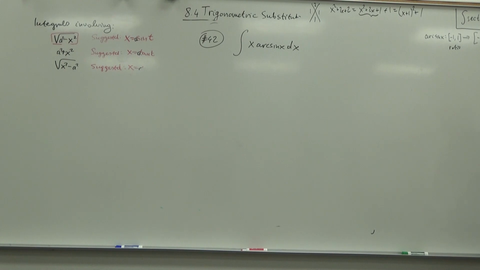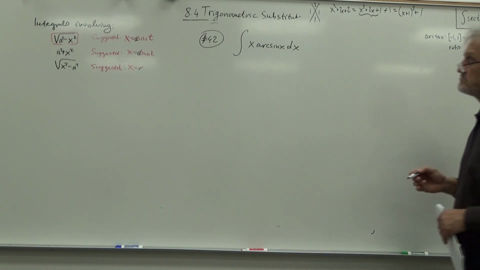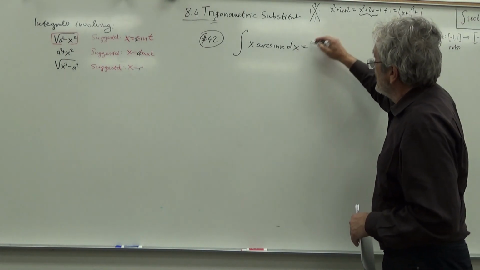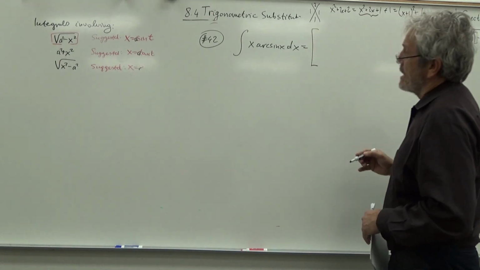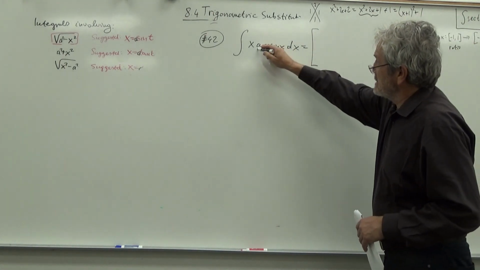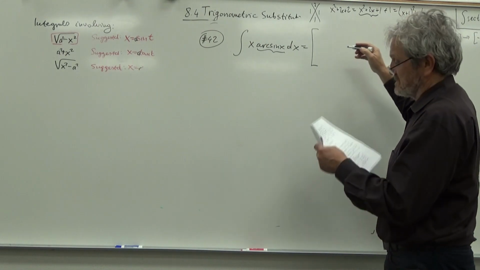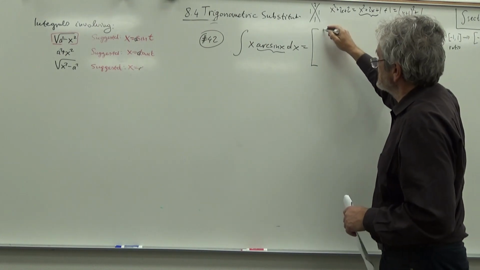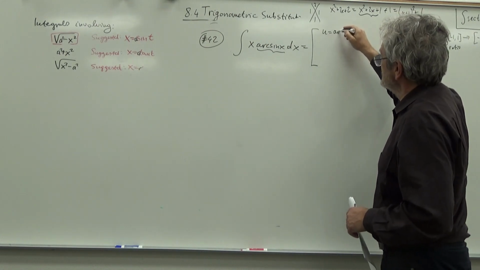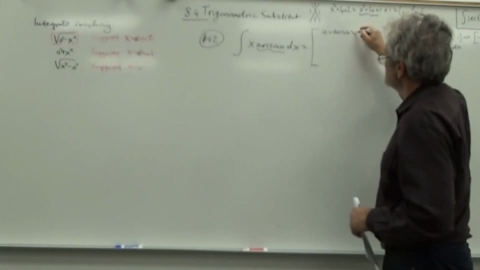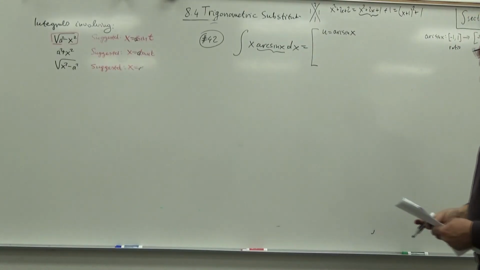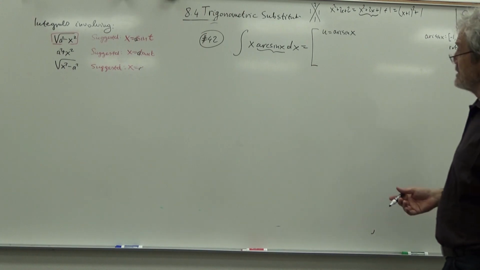But then we can just give that a name and call it Z or U. U is arc sine of x. And why does that make sense?